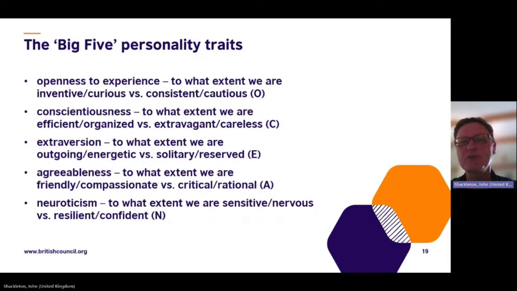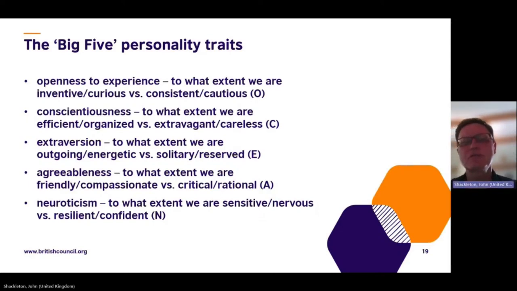Okay, but what do all of these words mean? So openness to experience: to what extent are you curious, inventive, a risk-taker, compared to being more regular, more consistent, more disciplined, more structured, more cautious?